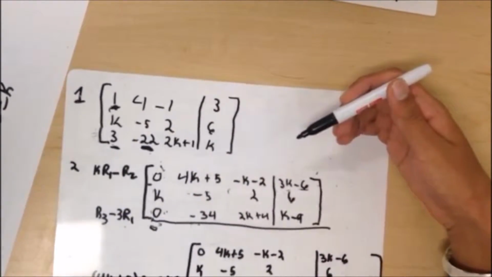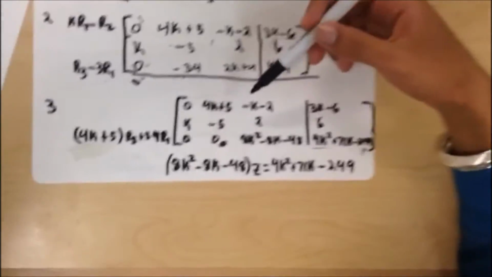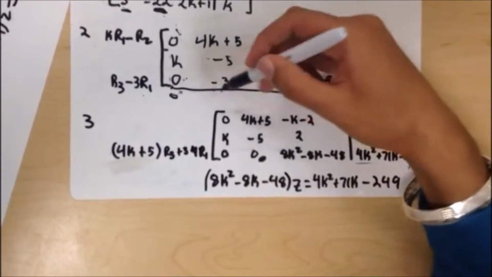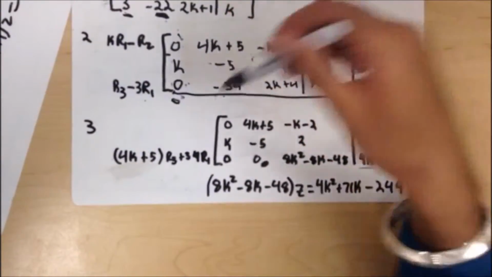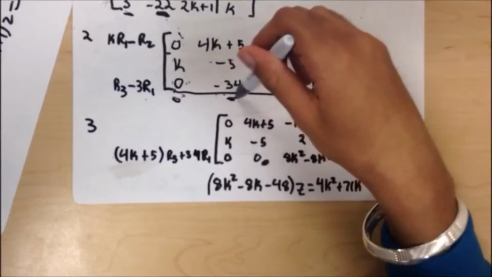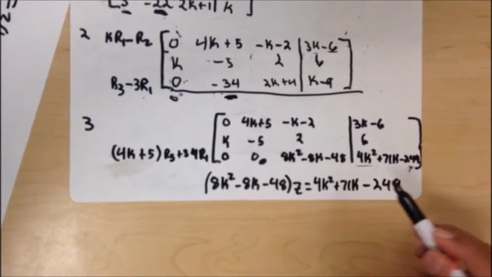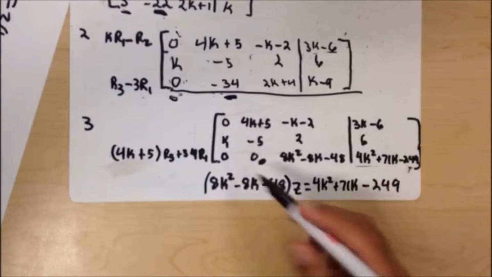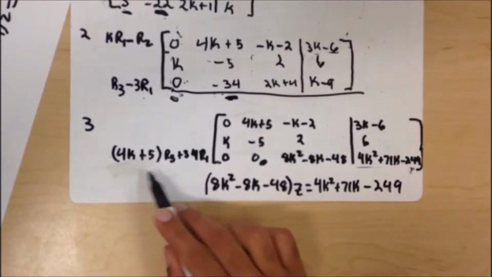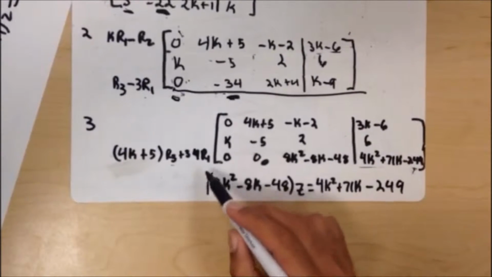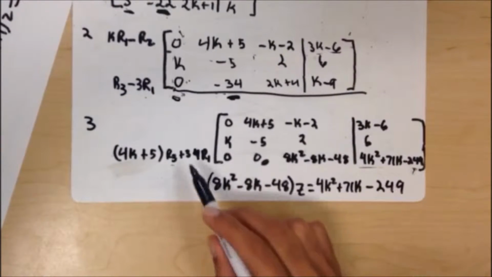So moving on, what I did to make the y column in row 3 equal 0: I multiplied the entire row 3 by 4k plus 5 right here, and then I added 34 times row 2 to that row.